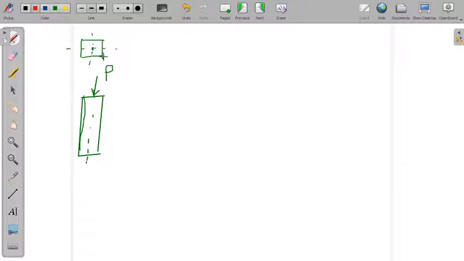Okay, next one is the uniaxially loaded column. Say this is the column, and this is the x axis and y axis. Now the load may be either on the x axis or it may be on the y axis. In any one axis the load will be, then that is called a uniaxially loaded column, or loading with uniaxial eccentricity.